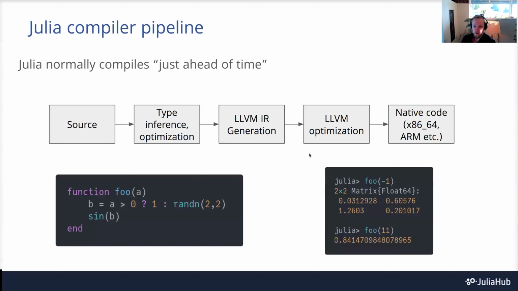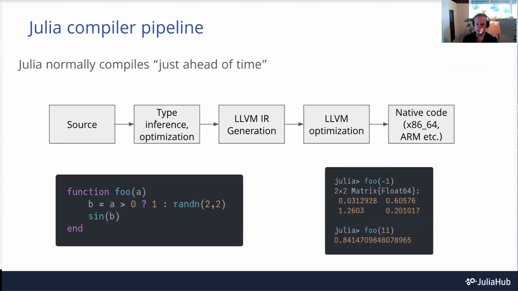All right, so the normal Julia compiler pipeline. People jokingly call Julia a just-ahead-of-time compiled language, and we will see what that means. The Julia compiler starts like most other compilers with some source code. It performs a number of steps in Julia, namely type inference and some Julia-level optimization.